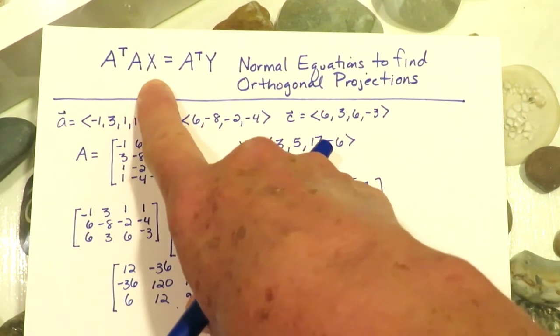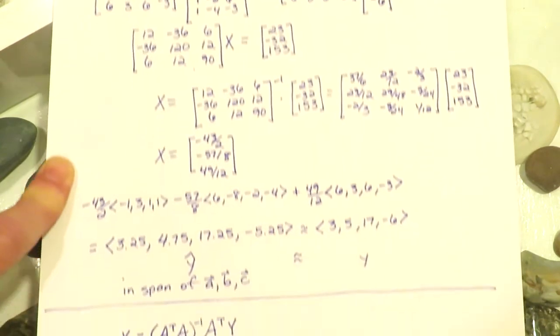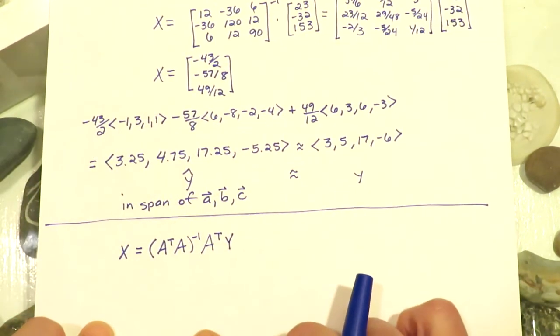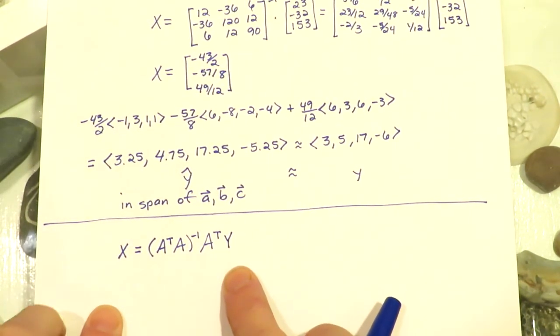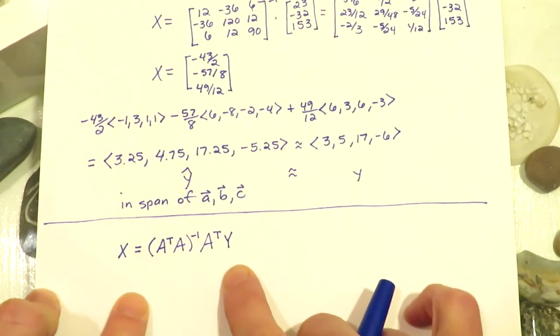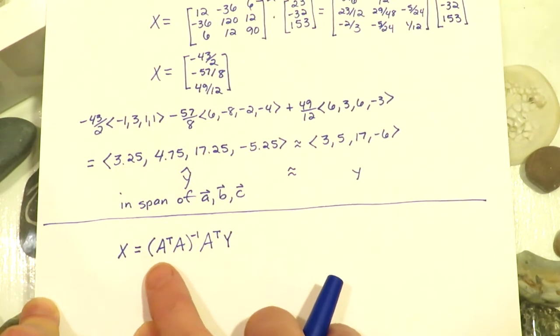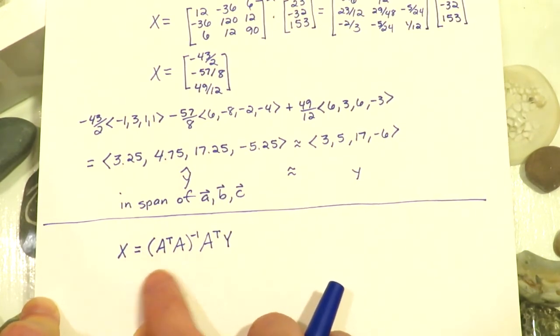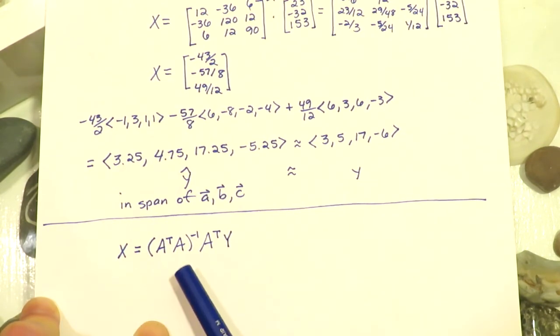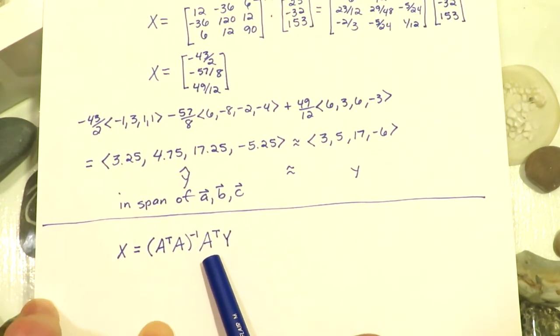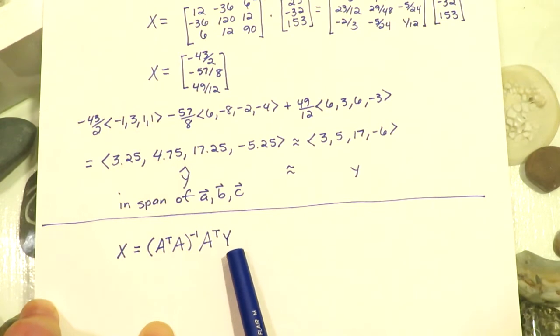So first you have to get X. In terms of calculator usage, you might want to try this somewhat shortcut, but again, you have to be careful typing everything in. If you solve both sides of those normal equations for X, then X by itself is equal to the inverse of A transpose times A, multiplied by A transpose and then multiplied by Y, the vector that you were trying to approximate.